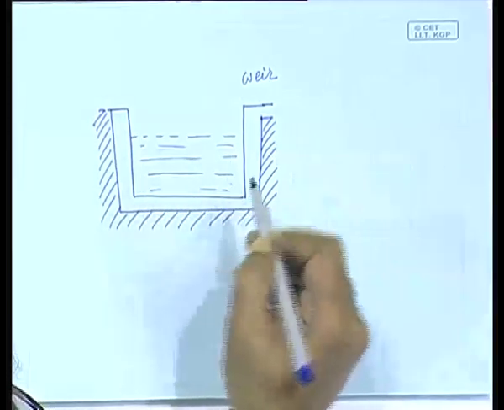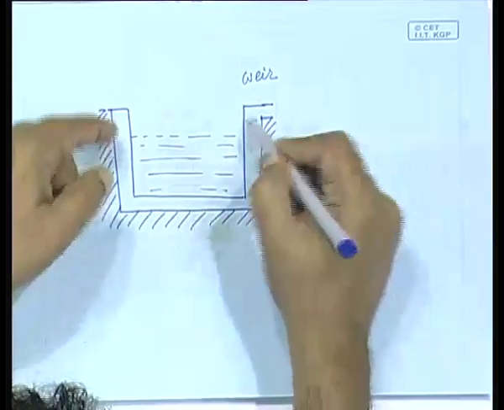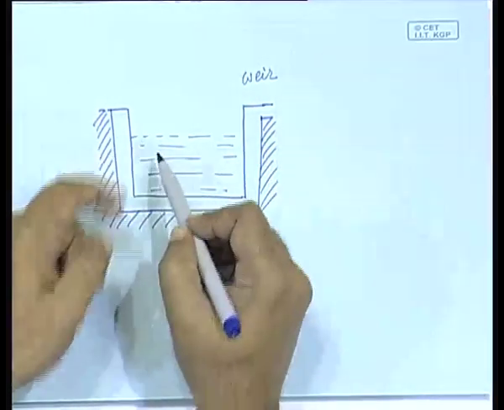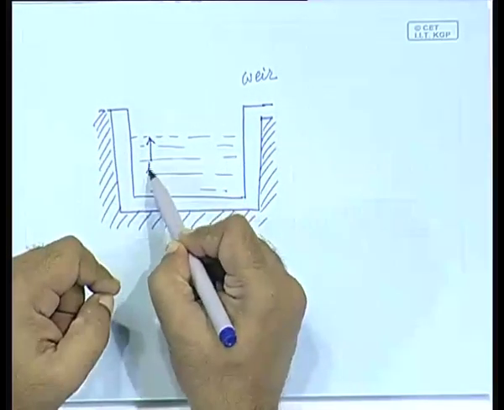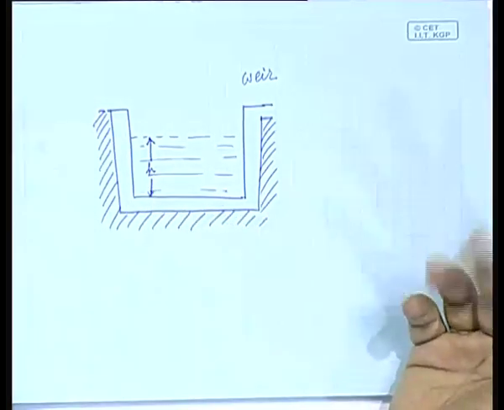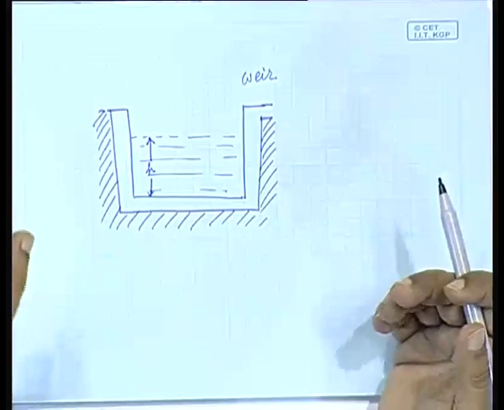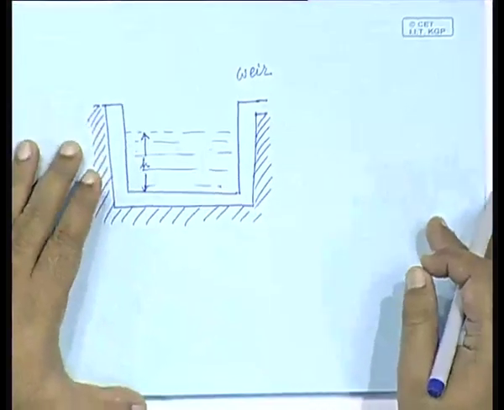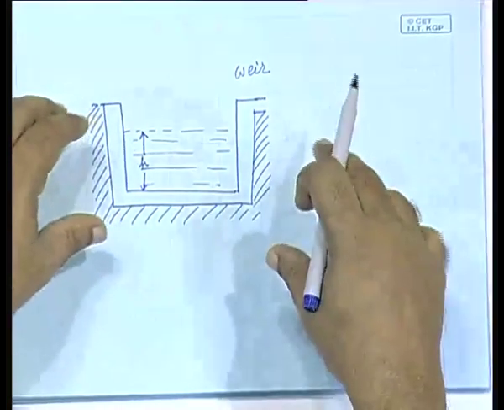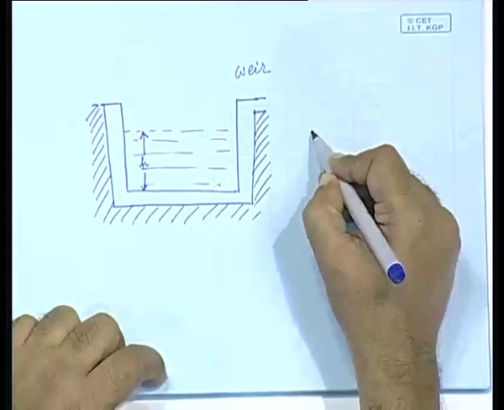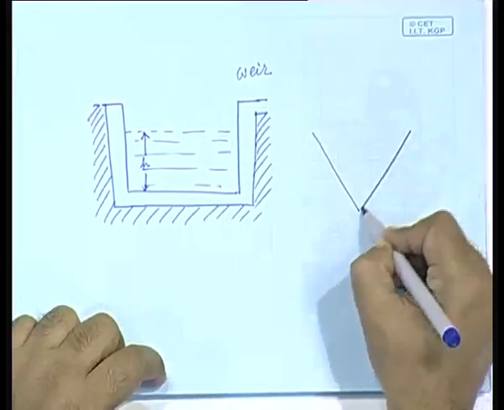Then you see that if the shape of the weir is known, then the flow rate will be given just by this height. Depending on the specific shape of that place, in some cases it may be convenient to put a rectangular weir, in some cases a triangular weir.